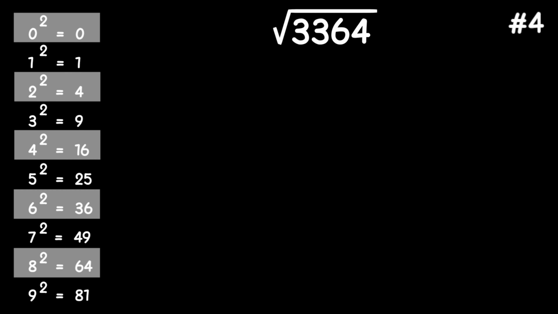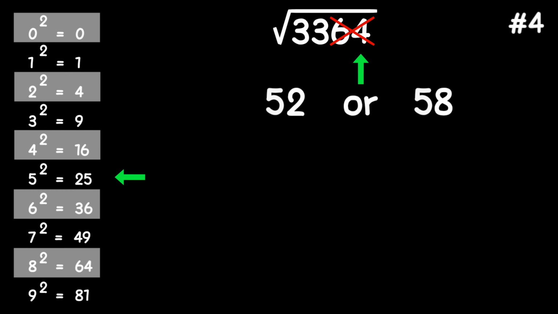Let's try another example. Square root of 3364. We start with the last digit 4. The answer can end in 2 or 8. Next we cross the last two digits and look for the square closest to 33, but not greater than it. This will be 5 squared equal to 25. Now we have to find whether it is 52 or 58.